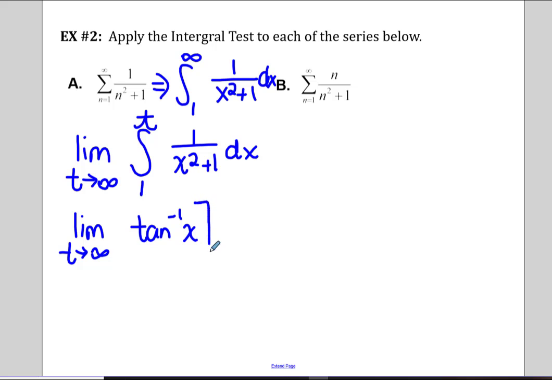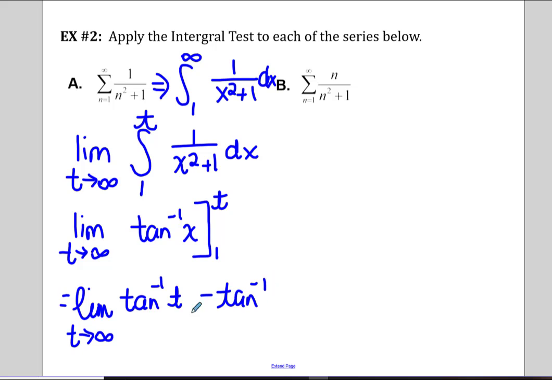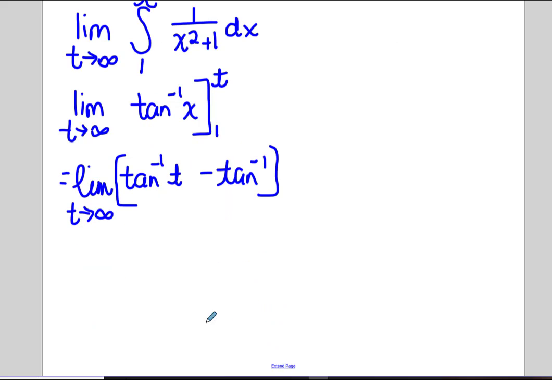We want to evaluate that antiderivative from 1 to t. So the limit as t approaches infinity of tan inverse of t minus tan inverse of 1 is going to be, if you think about the graph of tangent, it approaches infinity as we approach pi over 2.